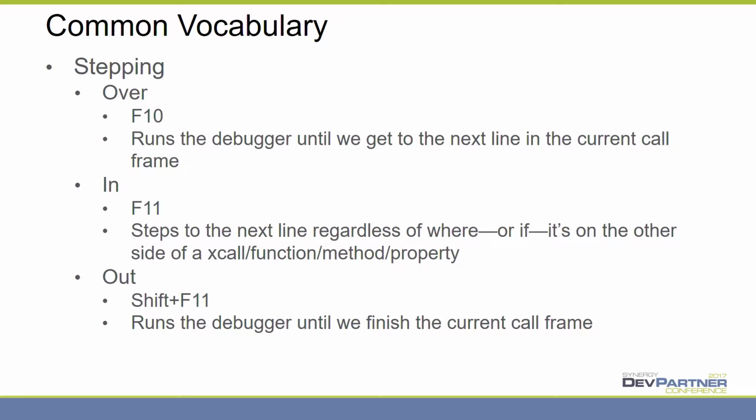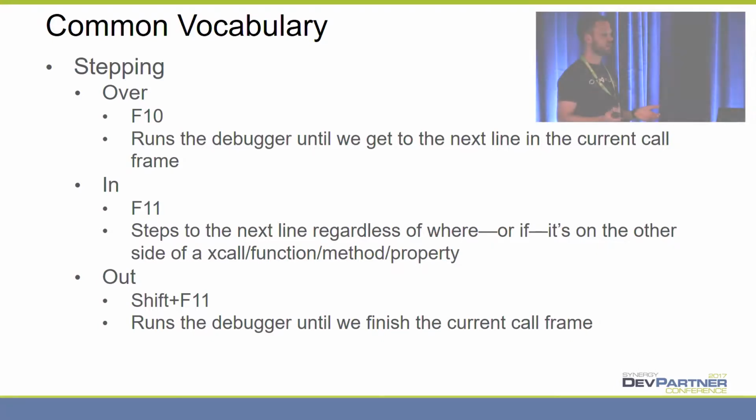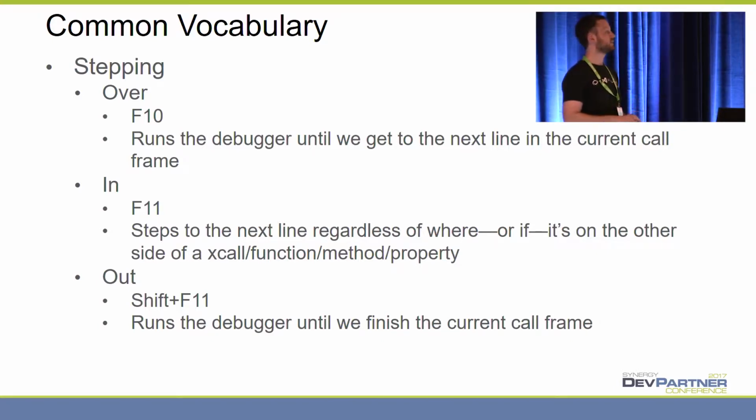So once you're broken in the debugger, you can move around, right? You can step over something, which is F10, and that's going to run the debugger until we get to the next line in the current call frame.